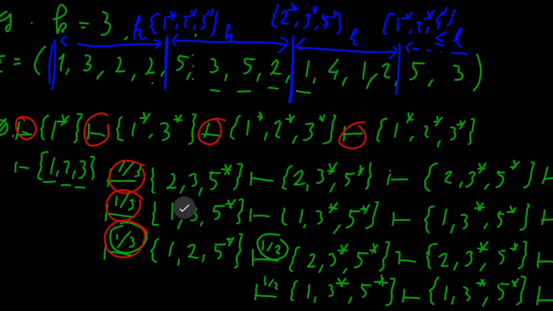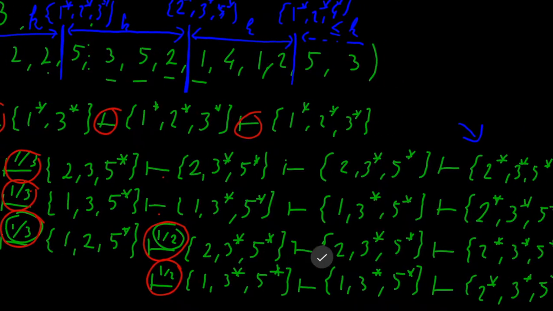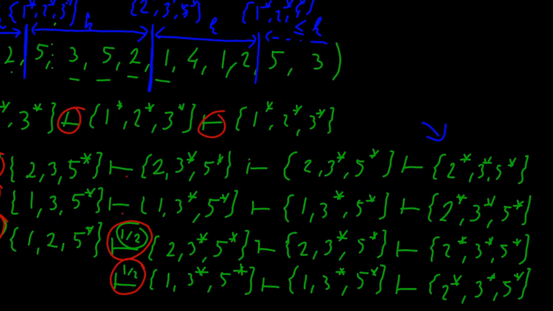Now this one here doesn't have any cost because 3 is already in the cache, and here 3 is already in the cache, but this one and this one have a cost because they have to discard something and load the 3. And then none of these will have a cost because 5 is contained in the cache.